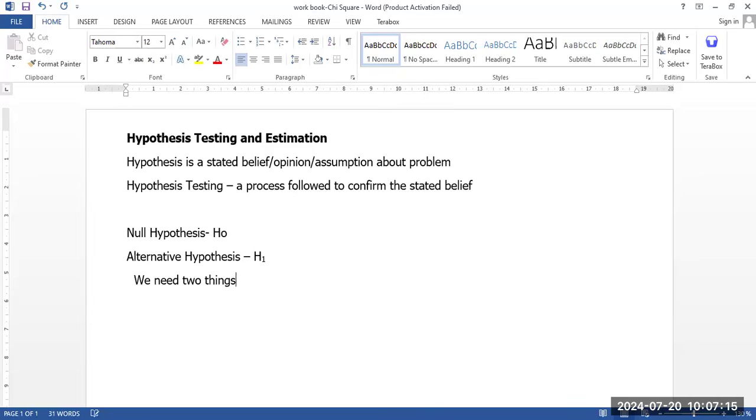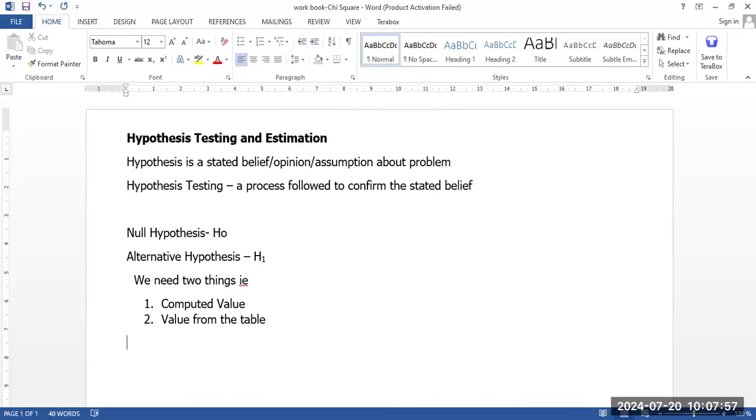Number one, the computed value. Then number two, the value from the table. As we test our belief, we always need two values: the value from the table and the computed value. To get the computed value, we apply some formulas. Then to get the value from the table, we use our tables.